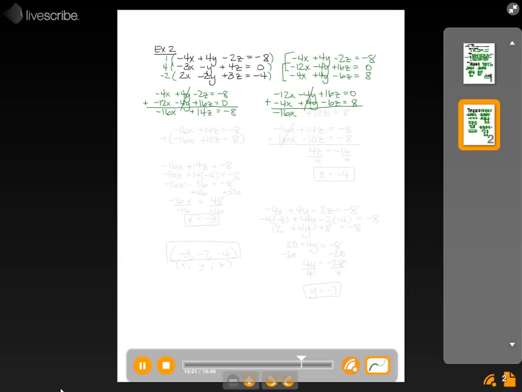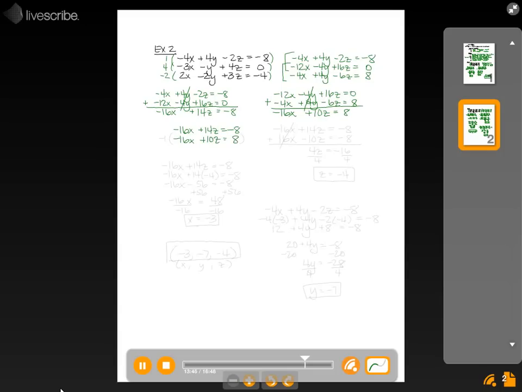That's good because both of our two variable equations need to have the same numbers. 16z minus 6z is going to be 10z, and 0 plus 8 is 8. So here's our two equations now. We've got negative 16x plus 14z equals negative 8, and negative 16x plus 10z equals positive 8.